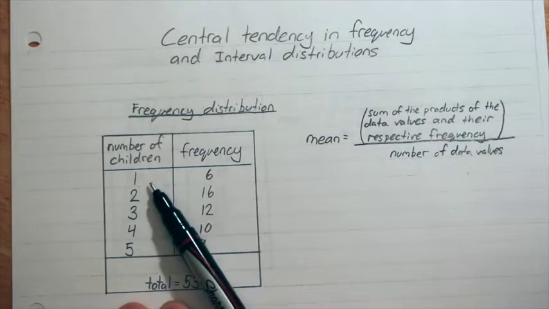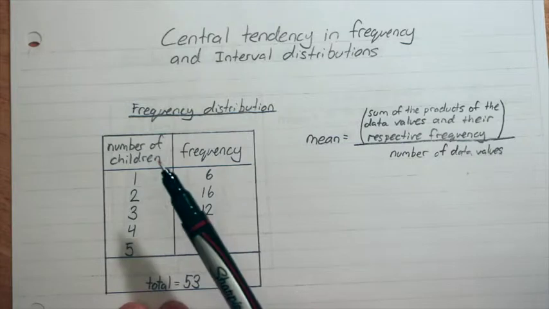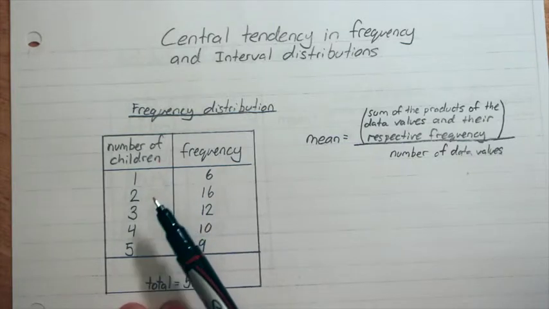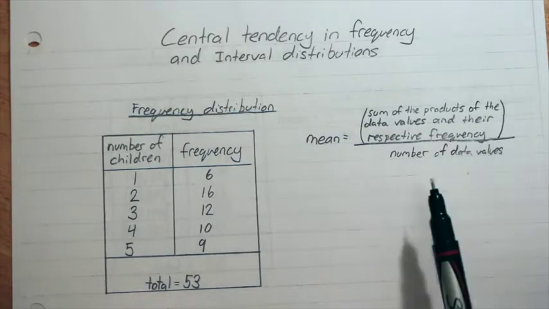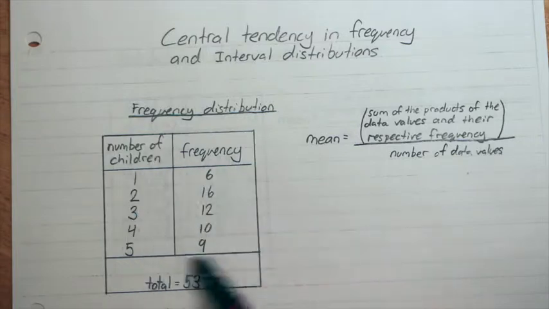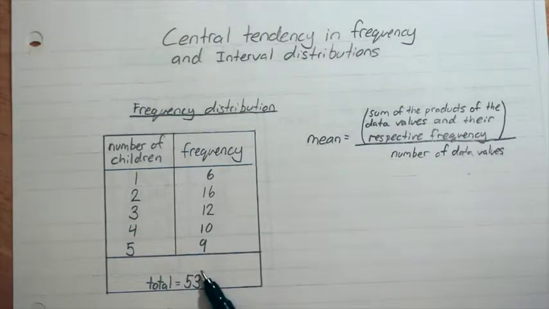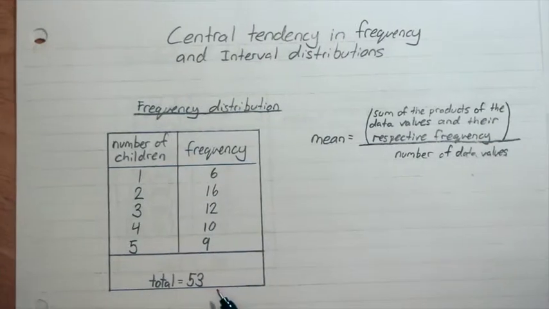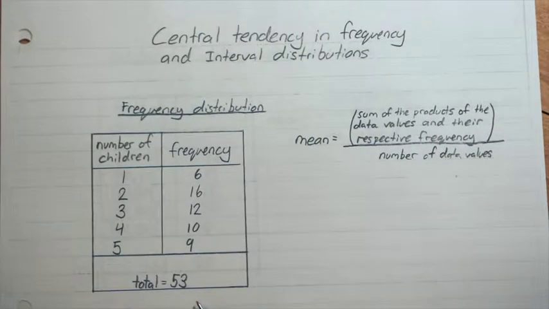So instead of listing out 1, 1, 1, 1, 1, 1, 2, 2, 2, 2, 2, 2 in a huge long list, we're organized into this nice, neat little table. It makes it very easy to do things like find out how many people we actually asked. By just adding up the frequencies, we get the total number of people that we asked this question to.